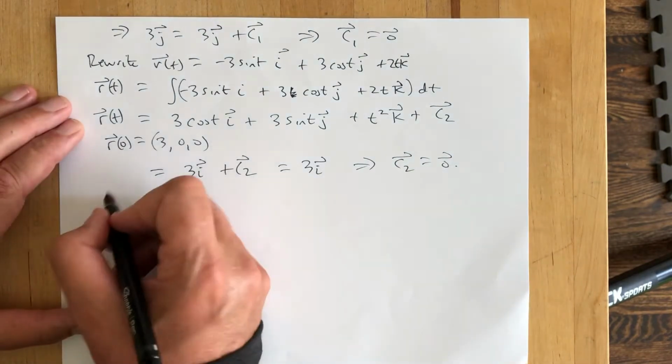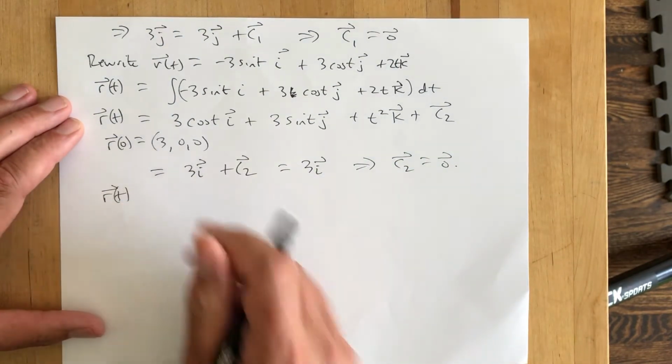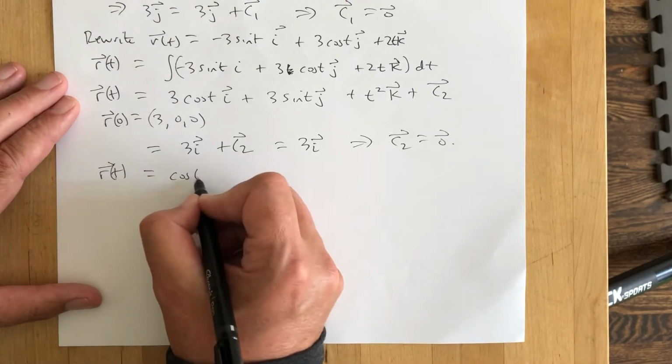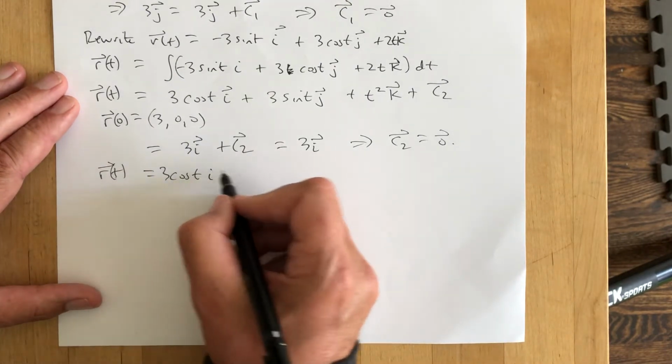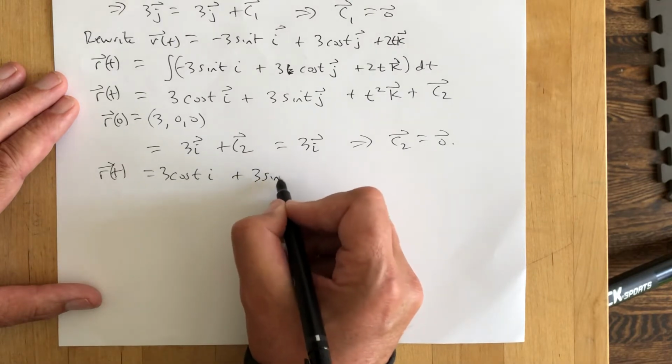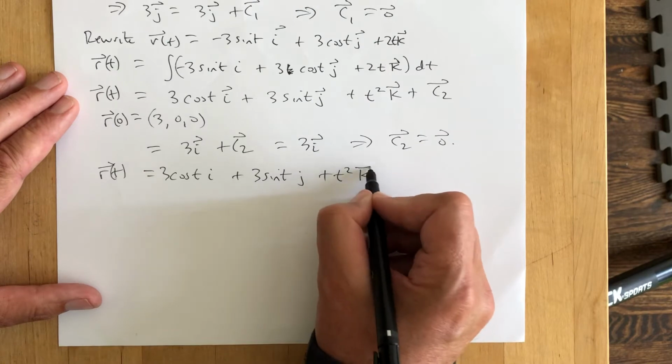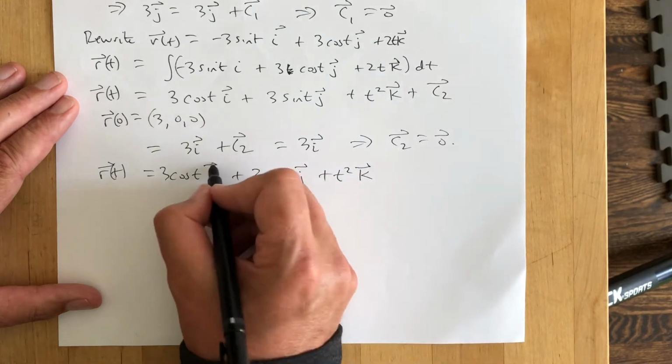Okay, so now here's our function. It is 3 cosine ti plus 3 sine tj plus t squared k. Okay.